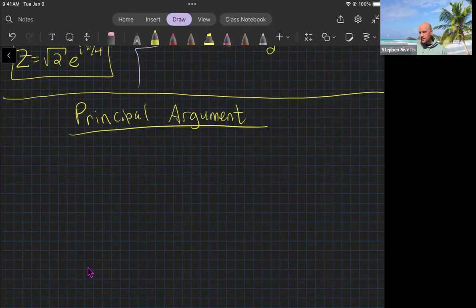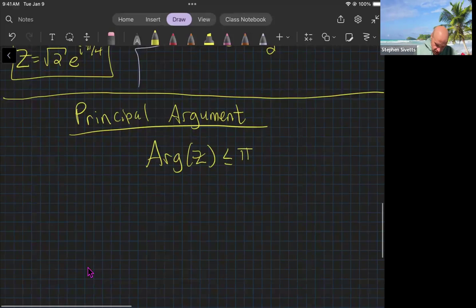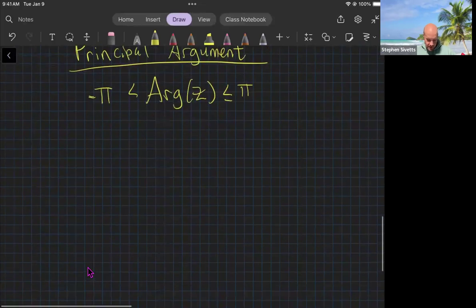Since we have periodic angles occurring, we want to have a well-defined function for calculating our angles, right? And the principal argument of a complex number will do that. Okay, so it's labeled as capital Arg z. This is what's called the principal argument, and the range is greater than minus pi, but less than or equal to pi radians.